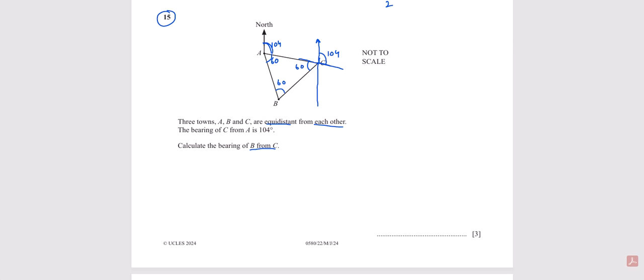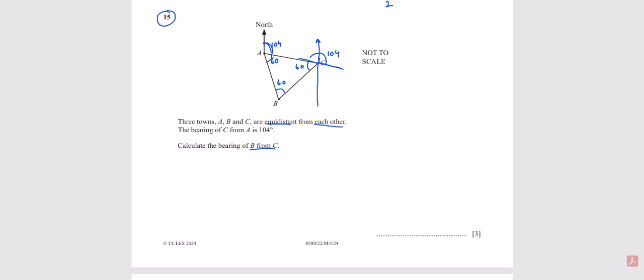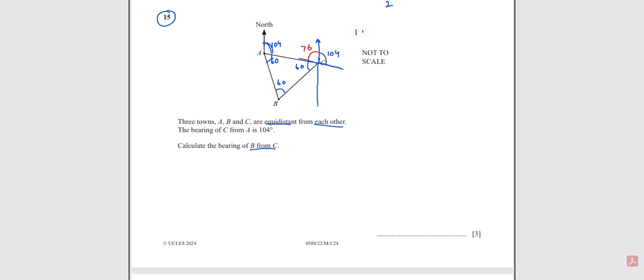This is a straight line, so this angle is equal to 76, like that. 180 minus 104 is equal to 76.